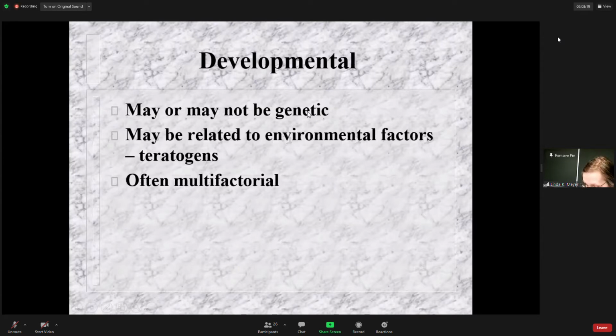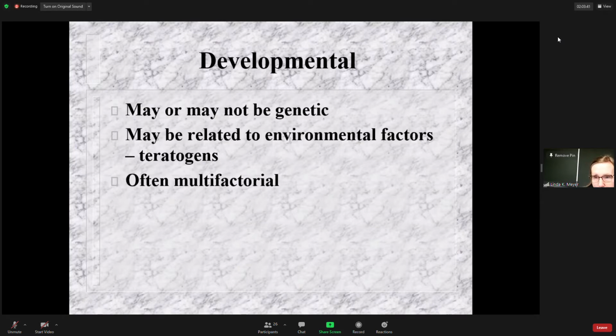They're related to involved genes or chromosomes. And sometimes we'll use the term that they're inherited, that they're passed on from a parent to a child, or we can say that sometimes they're hereditary or they're familial, they run in families.